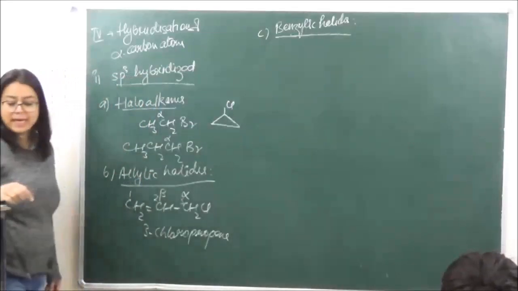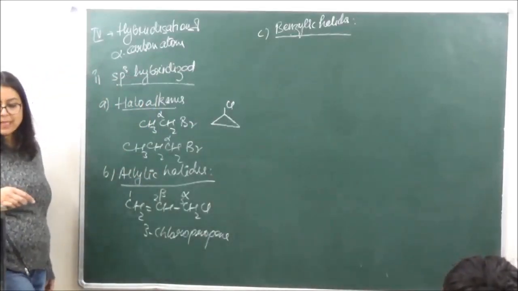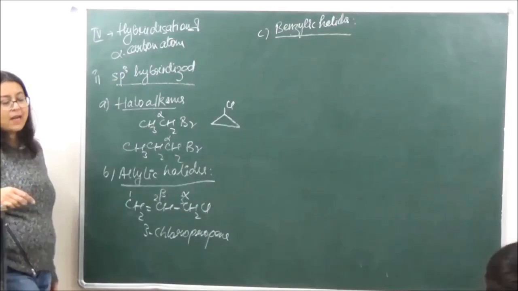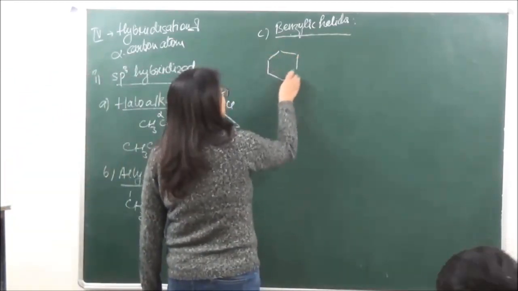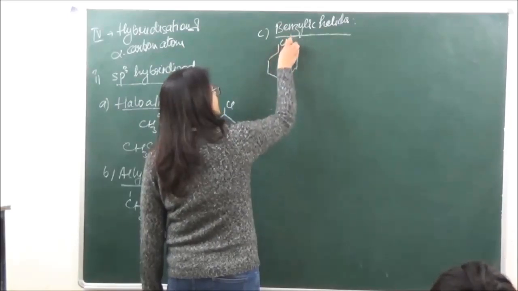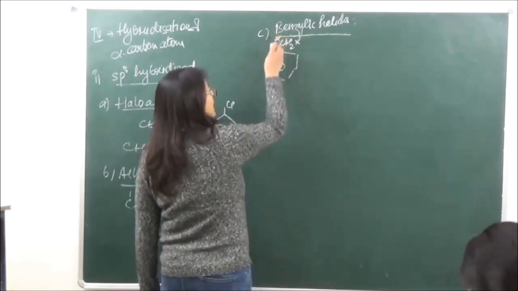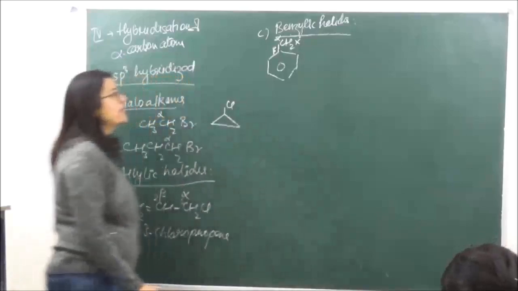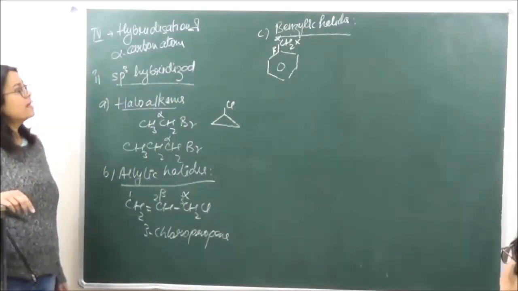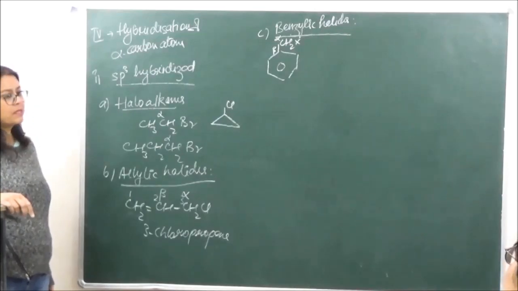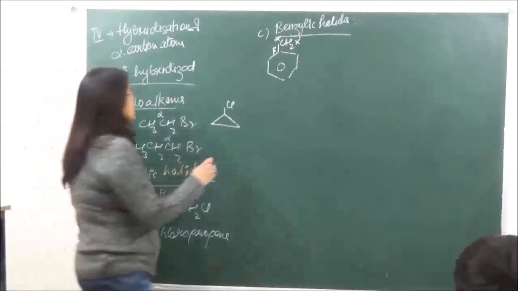In benzylic halides also, we will see that the alpha carbon atom is sp3 hybridized, and the beta carbon atom is sp2. So this is the alpha carbon atom and this is the beta carbon atom. So the alpha carbon atom is sp3 hybridized and the beta carbon atom is going to be sp2 hybridized. ठीक है?